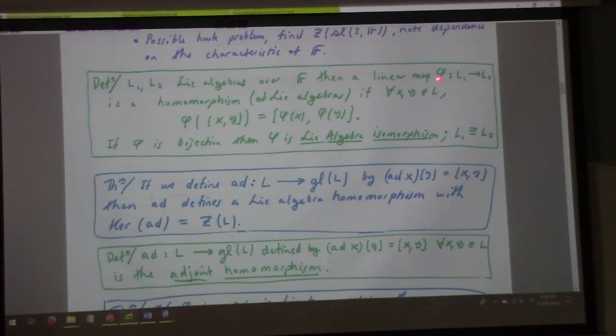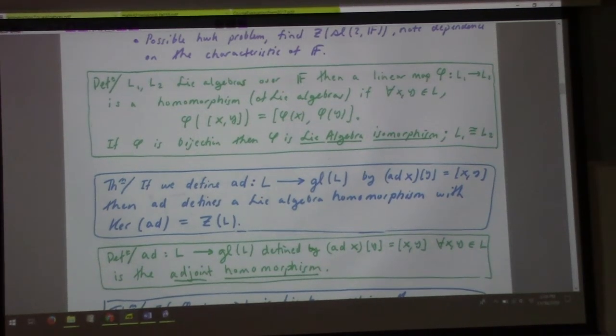So here, a mapping from a Lie algebra L1 to a Lie algebra L2 is a homomorphism of Lie algebras if it preserves the bracket. And also, notice I buried it up here in the preamble, it has to be a linear transformation. So it's a linear transformation that preserves the bracket.